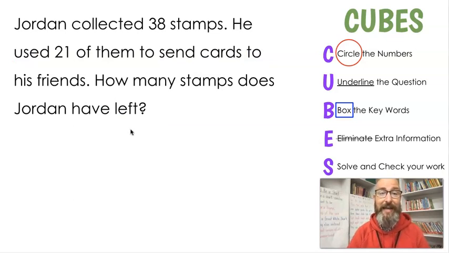Jordan collected 38 stamps. He used 21 of them to send cards to his friends. So nice, Jordan. How many stamps does Jordan have left? So again, let's go through our steps. C means circle the numbers. Look for the numbers in this question. What are they?